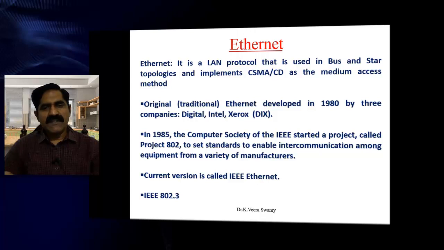Generally, Ethernet and IEEE 802.3 are almost similar, except minor differences. Most of the time we use them as the same technology, but if we look at the inside details, there is a minor difference that we'll see in coming slides.